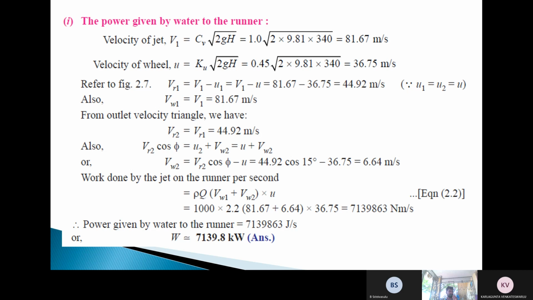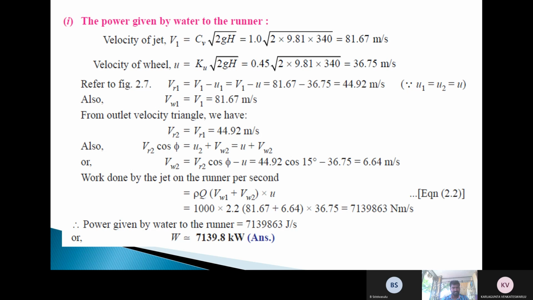Next, taken from the velocity triangle, Vr1 equal to V1 minus U1, that equal to V1 minus U. Therefore, U1, U2 equal to U. Next, 81.67 minus 36.75, that equal to 44.92 meter per second. Next, Vw1 equal to V1, that equal to 81.67 meter per second.